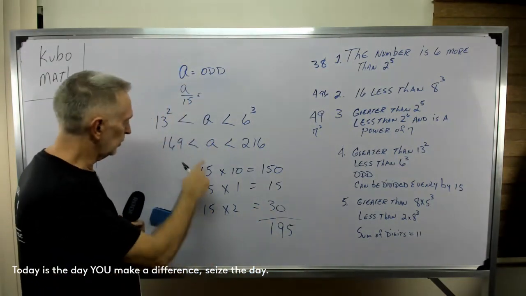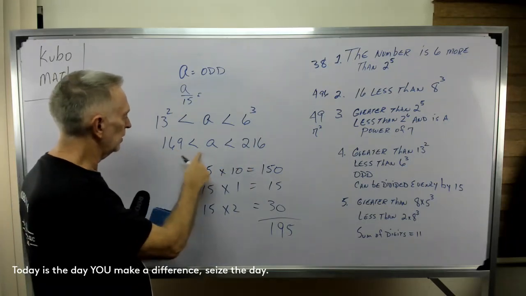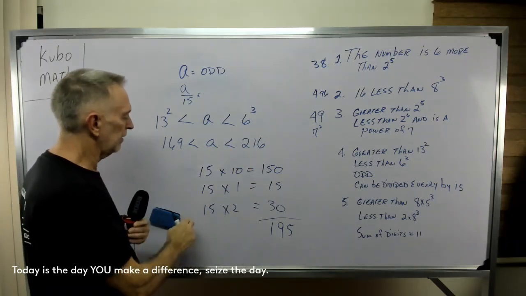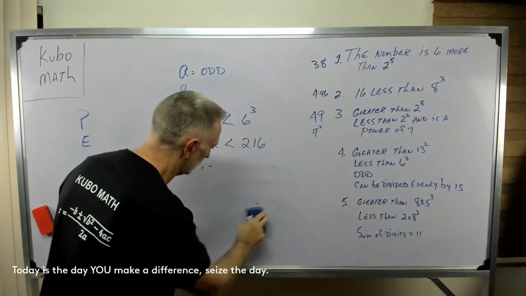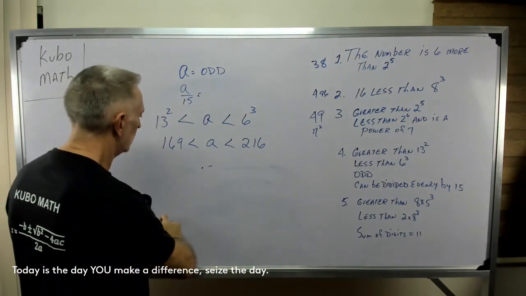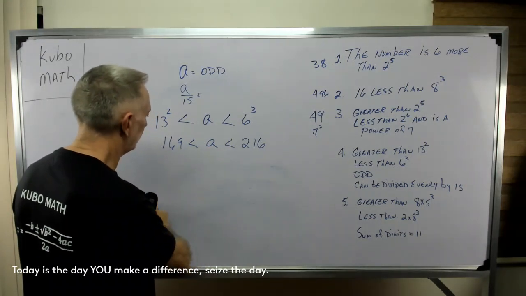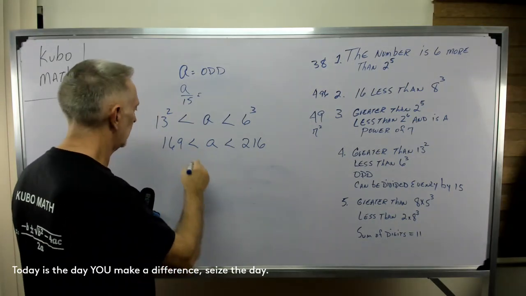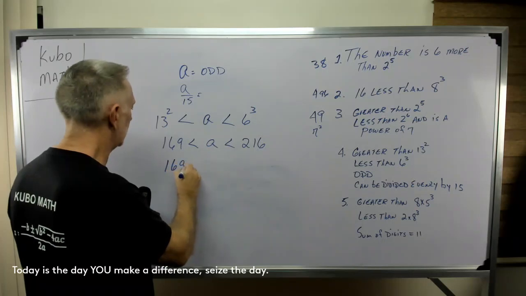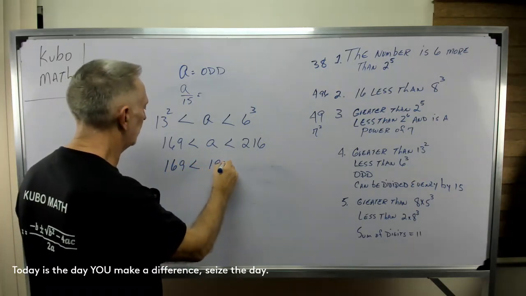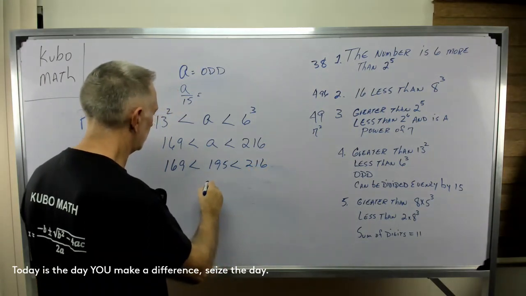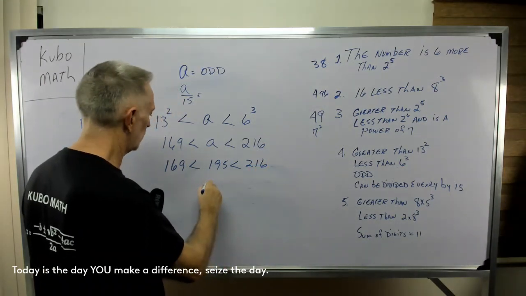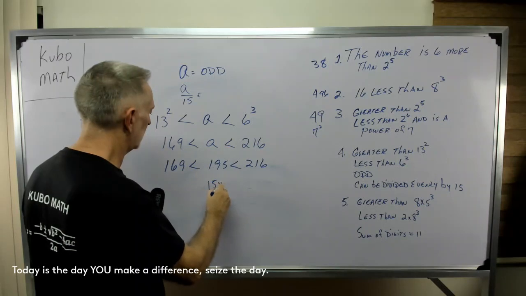So this, which is in between, so A is 195, which is 15 times 13. So 169 is less than 195, which is less than 216, but the two numbers were 15 times 13.